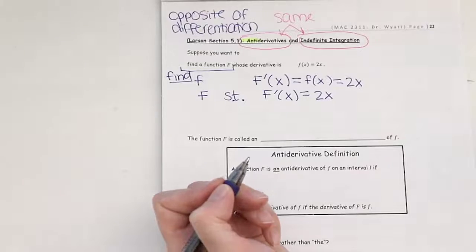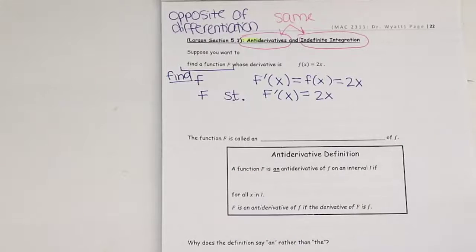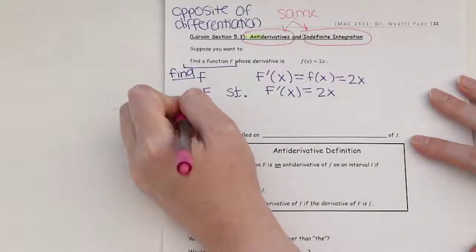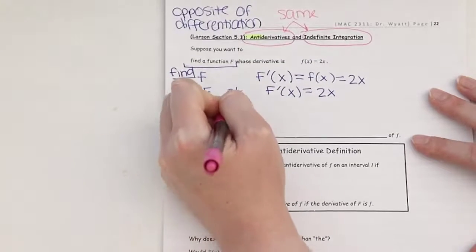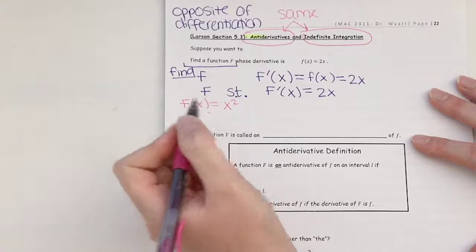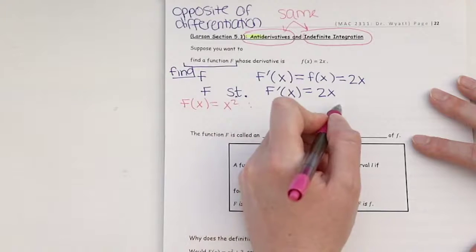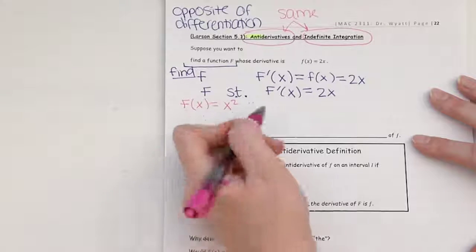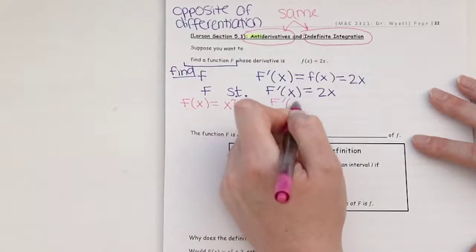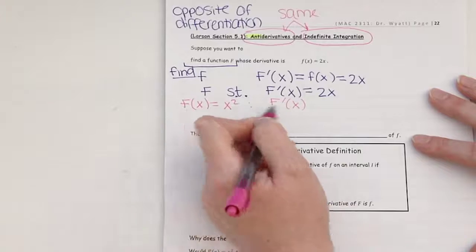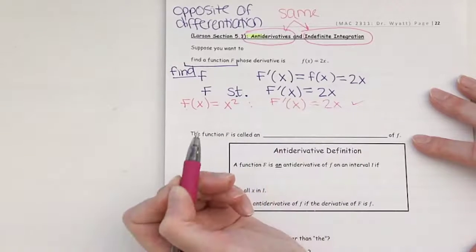Okay, so we're going to kind of pull this out from thin air. We're going to say, okay, well, let me try this. Let me say if capital F of x is equal to x squared. Would that satisfy this condition that the derivative is equal to 2x? So if capital F is equal to x squared, if I differentiate that capital F, x squared's derivative is 2x, and so that will work.